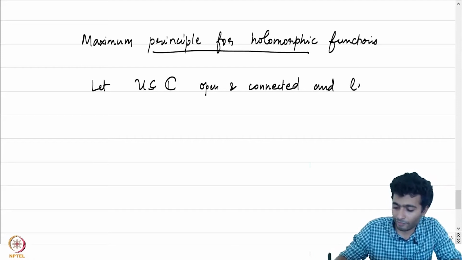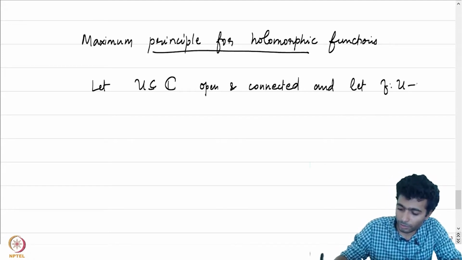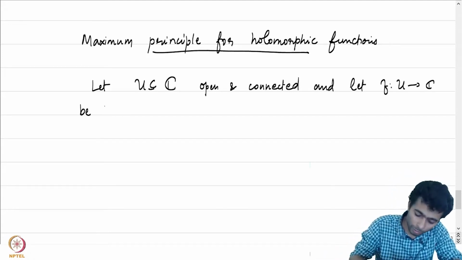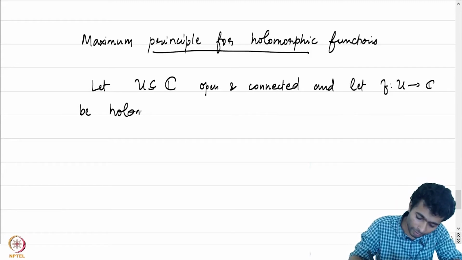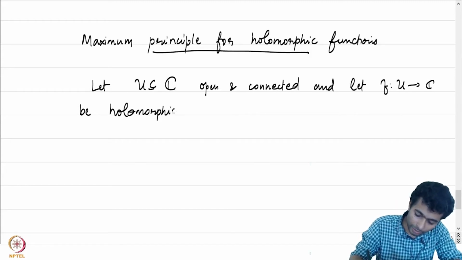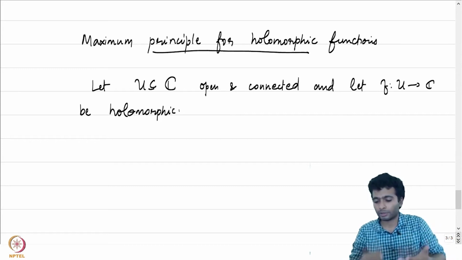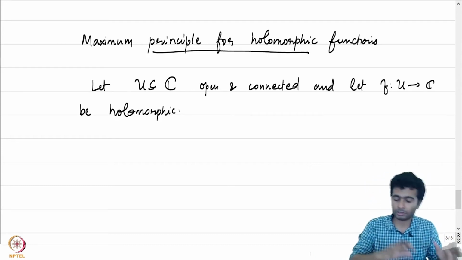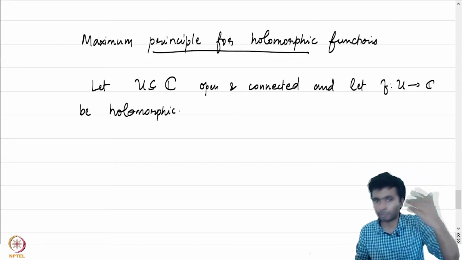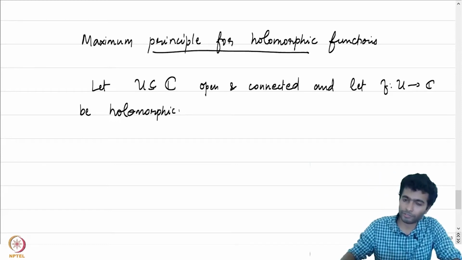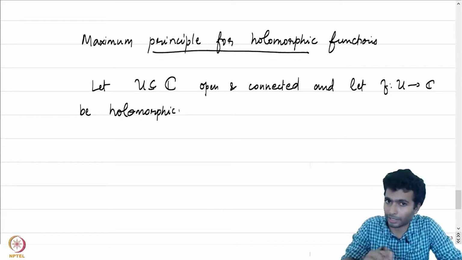And let f from U to C be holomorphic. So as I had noted earlier, in this lecture, when I say holomorphic, I do mean that it is twice continuously differentiable. But we will prove later that holomorphic functions always satisfy that particular condition.